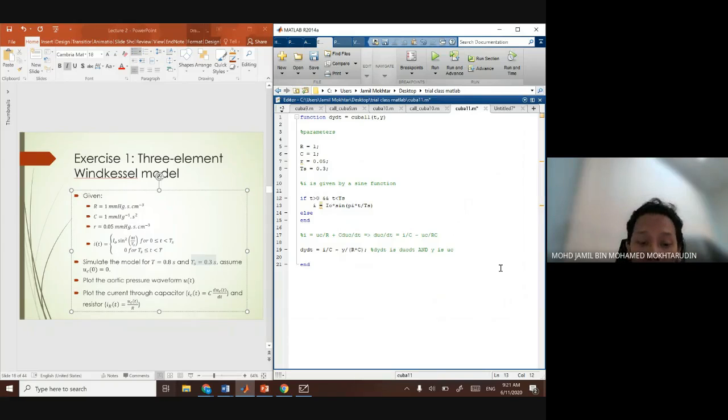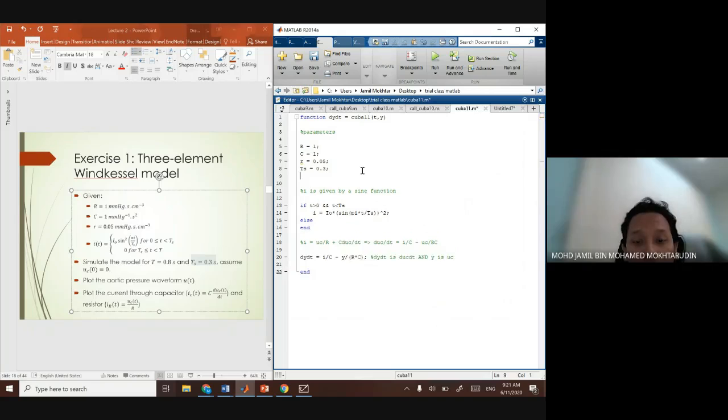So squared. So we have to define I naught.